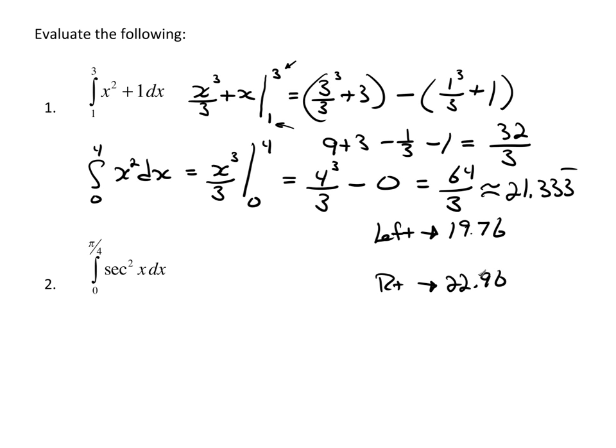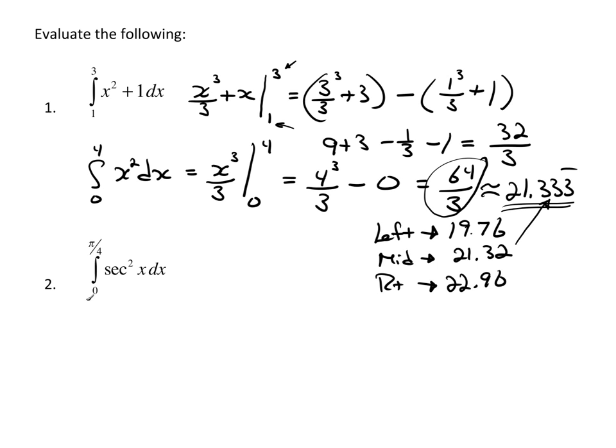And then we did the midpoint, and the midpoint approximation using Riemann sums gave me 21.32. In this case, 21.32 was extremely close to the actual. Now, this is the exact area under the curve. That's the exact amount of area that is truly under that curve. And then, of course, this is a decimal approximation for that value.